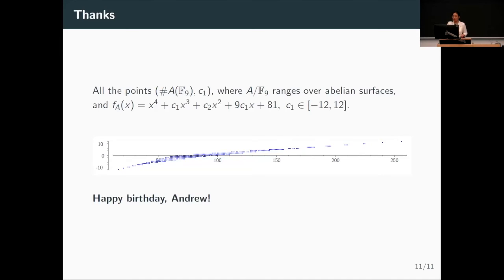And what I want to show you is that you see there are gaps. You can see that these are all the possible numbers of points for the Abelian surface to have. And then in between there are gaps, right? There are some points which do not occur. And essentially the reason is because C1 is an integer. And when you change C1 to C1 plus 1, it creates a gap.